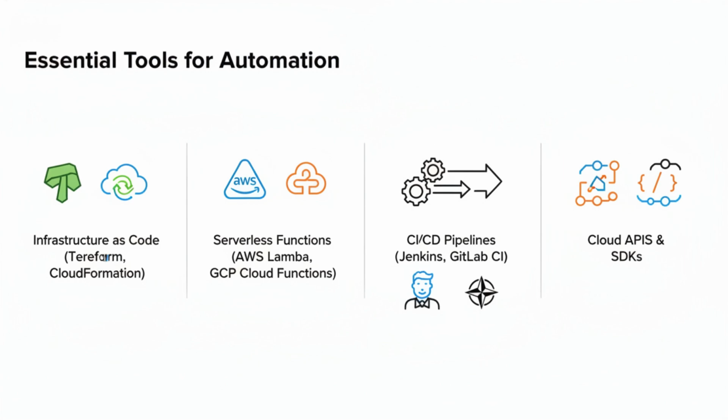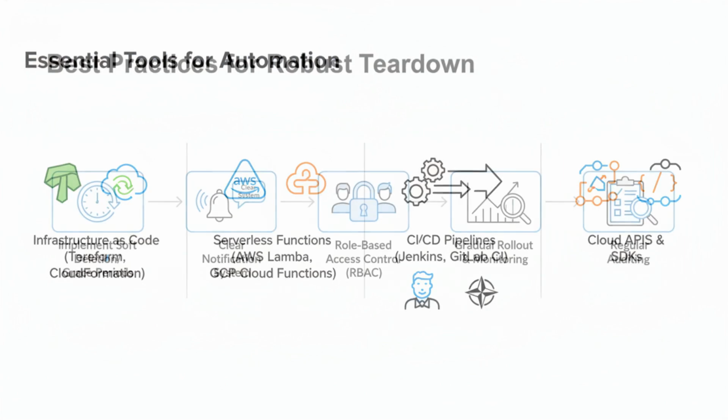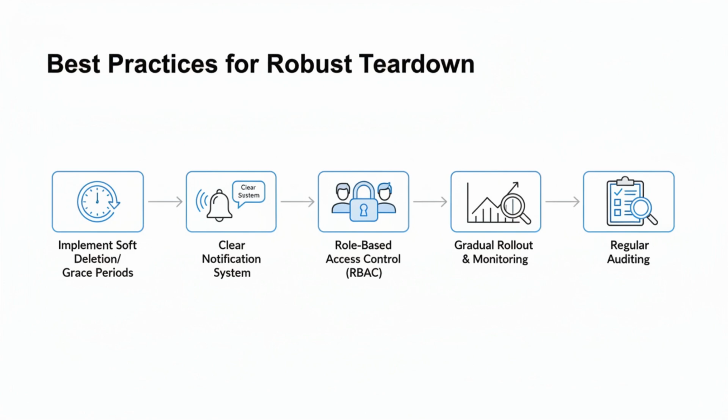CI/CD pipelines like Jenkins or GitLab CI can orchestrate the entire process, integrating teardown into your existing development workflows. Finally, leveraging cloud APIs and SDKs allows for granular control and direct interaction with cloud services to ensure comprehensive cleanup.